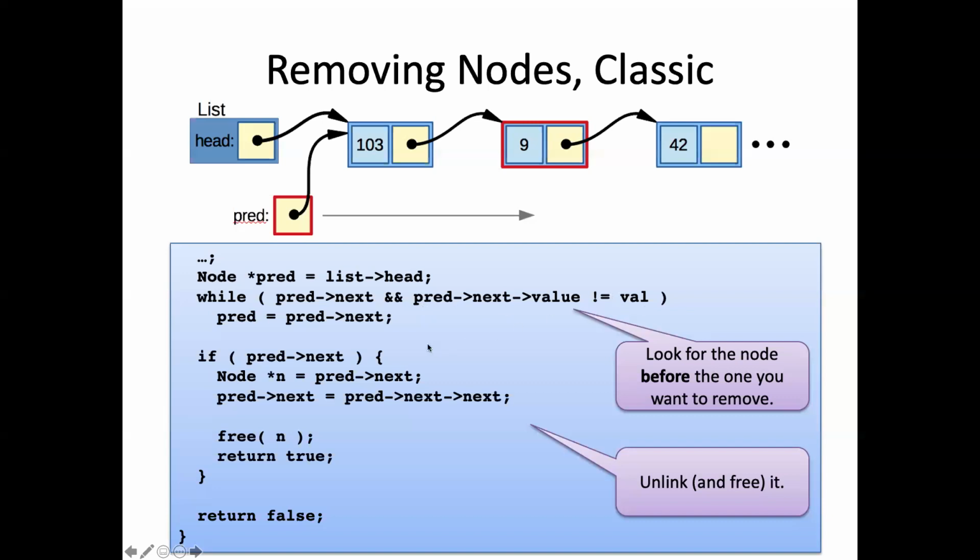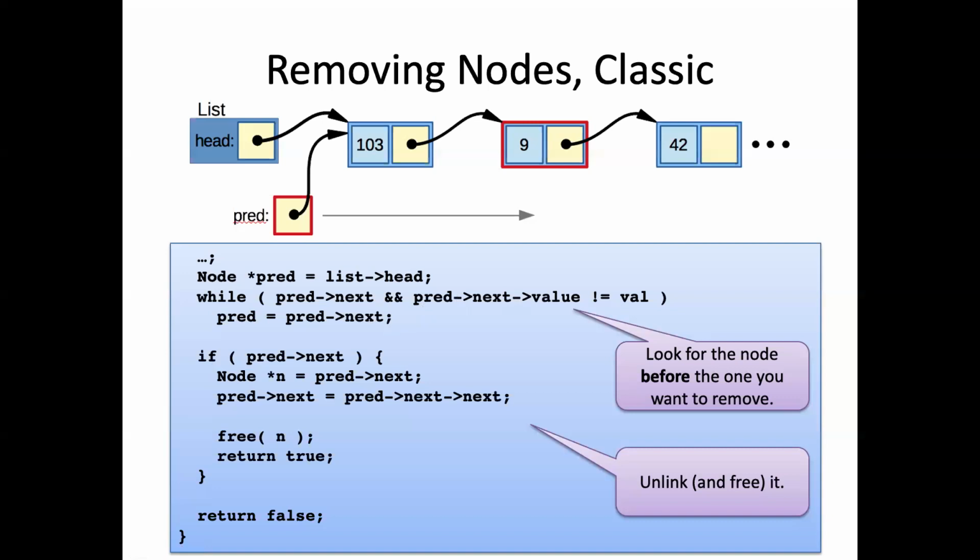As long as it's different, we keep walking down the list. So we'll stop either when we hit the end of the list, there's no node after the predecessor, or the node after the predecessor has the value we're looking for. Either of those will get us out of this while loop. Once we get out of the while loop, I think of this as checking to see why we got out of the while loop.